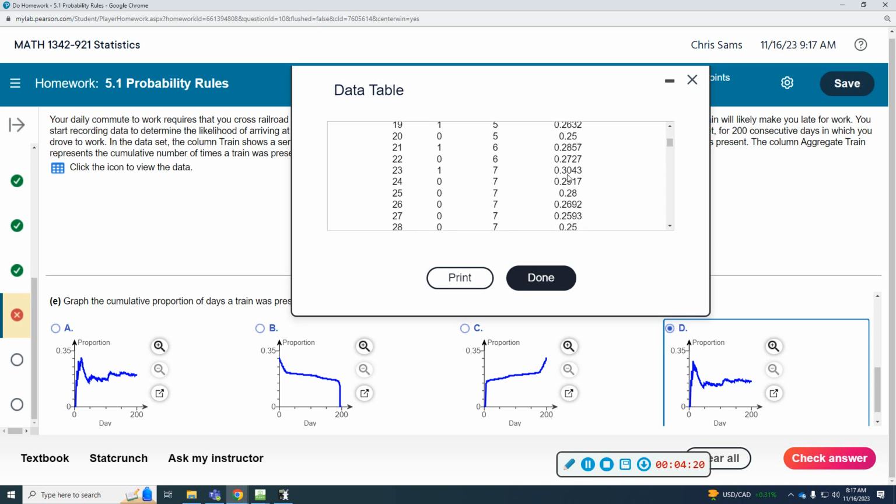It's not like a big steep increase. So based on these, it looks like either A or D. Hard to tell the big difference between those. This one goes up to a height of a little bit over 30, and this one is just under 30. So that's going to be the big difference there, looking at the maximums.